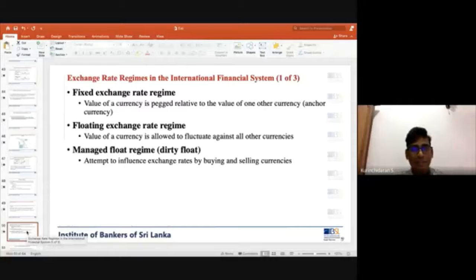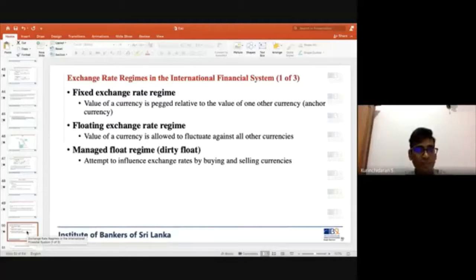And then just to give some thoughts, the exchange rate regimes can be different between countries, based on countries' economic structure, right?